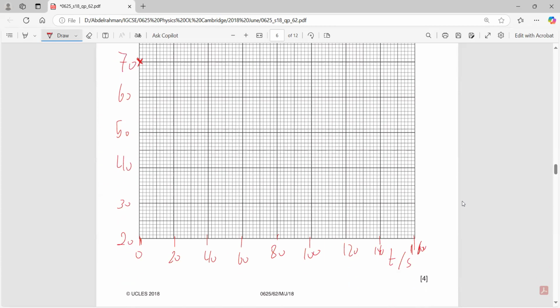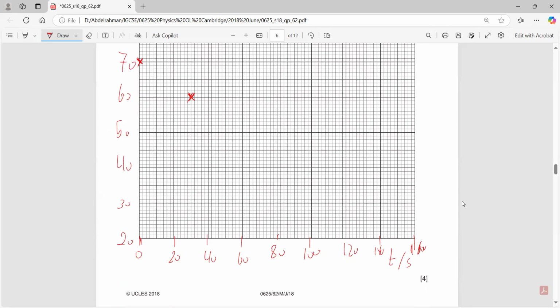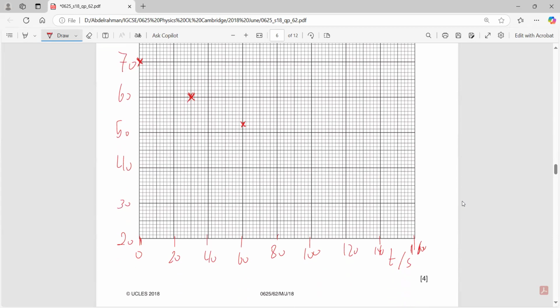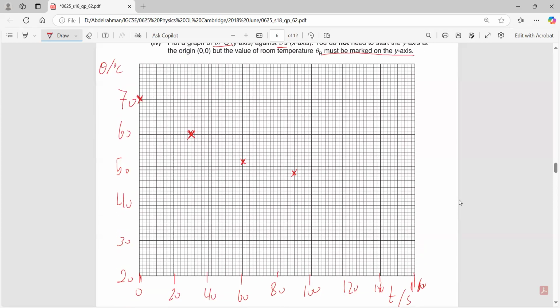Again, very small x's. 60 and 52, so two squares above 50. 90 and 49, one square below 50. 120 and 46, and 150 and 43. So here it is, 150 and 43.